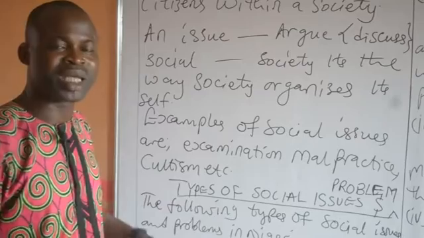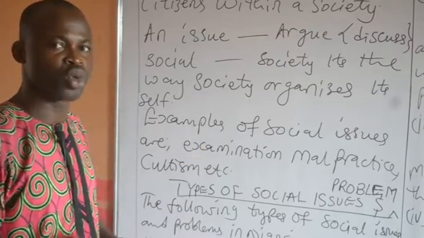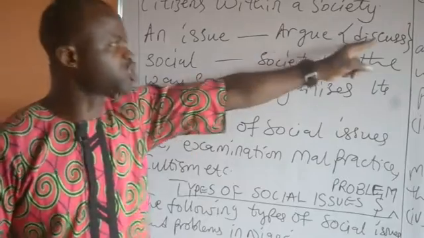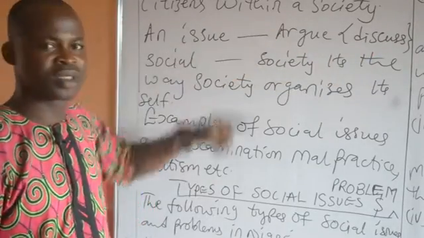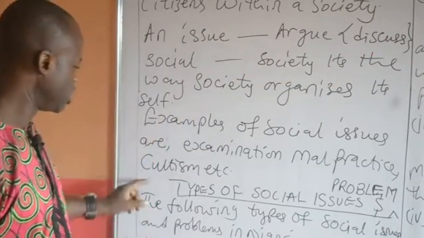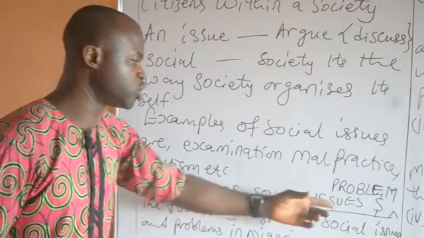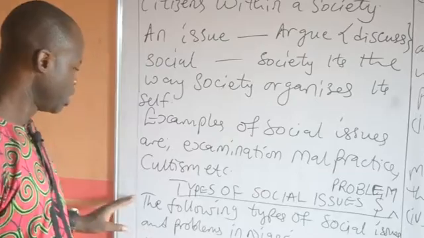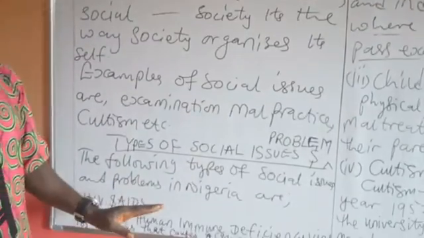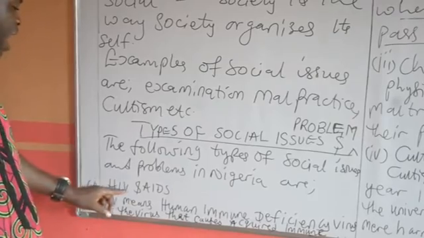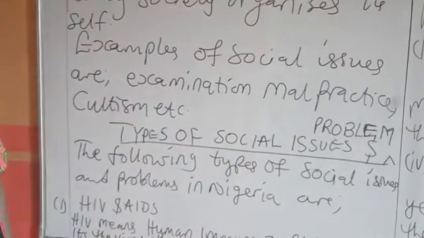These are two listed examples on the board to prove to us that it is actually a social issue of discourse or argument in a society. Then the types of social issues and problems are, one, HIV and AIDS.